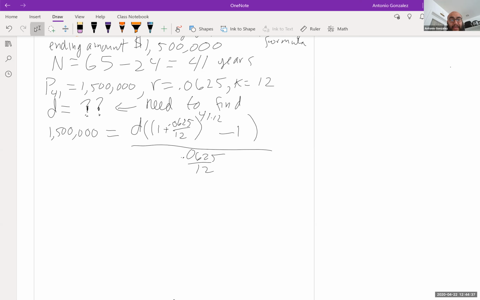The simplest way to go about this is to calculate the terms inside the parentheses. So I'm going to switch over to my calculator.